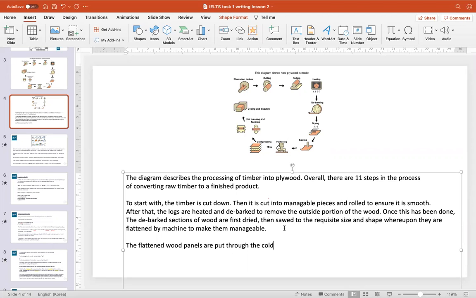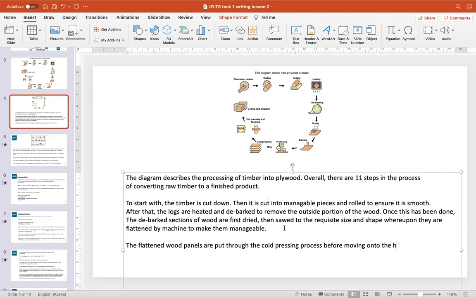The cold pressing process before moving on to, what do they move on to after that? Hot pressing and finishing. That's right.